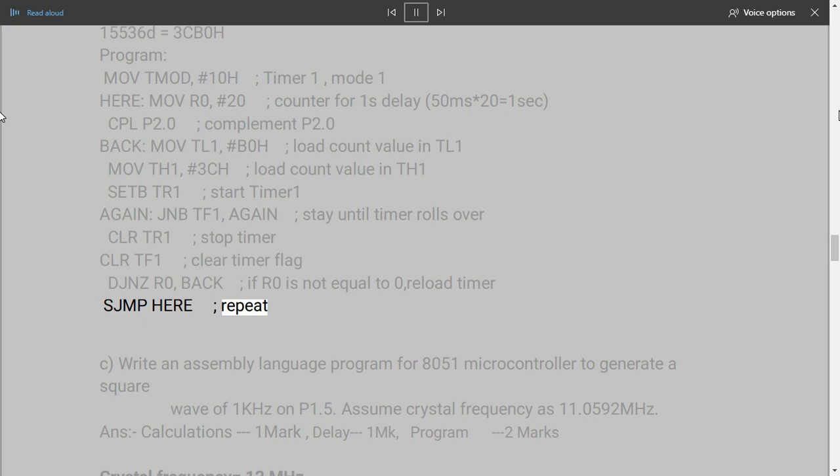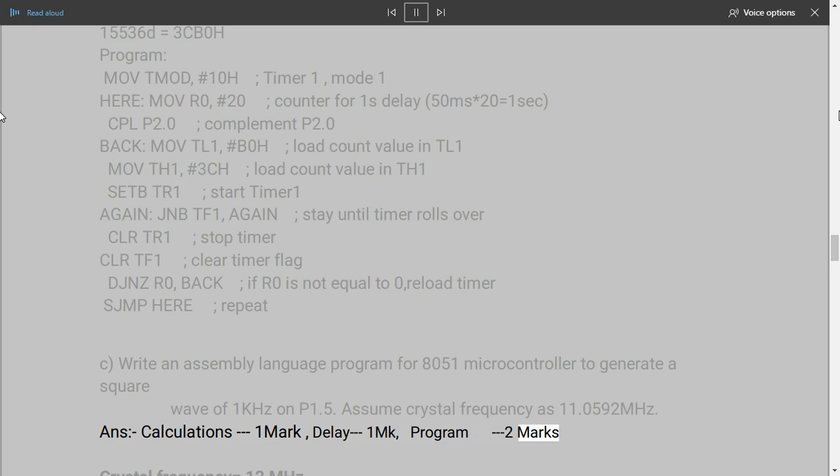C. Write an assembly language program for 8051 microcontroller to generate a square wave of 1 kHz on P1.5. Assume crystal frequency as 11.0592 MHz. Answer: calculations 1 mark, delay 1 mark, program 2 marks.